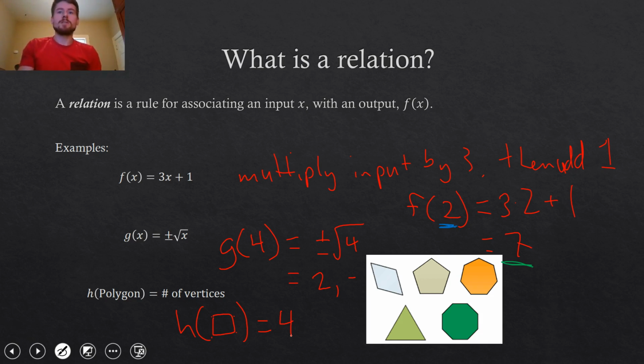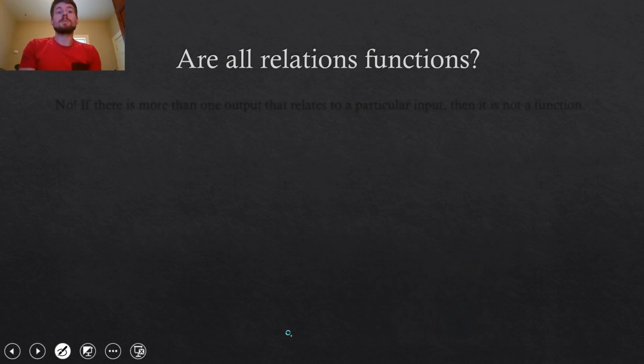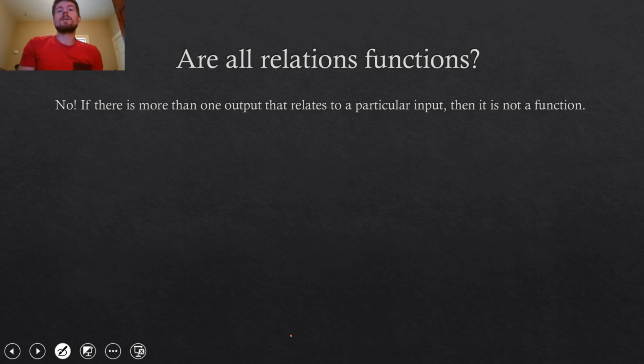Okay. So let's look at examples of relations that aren't functions. And so the answer to this is yes, there are relations that are not functions. If you have more than one answer for a particular input, then it's not a function, okay? So some examples.